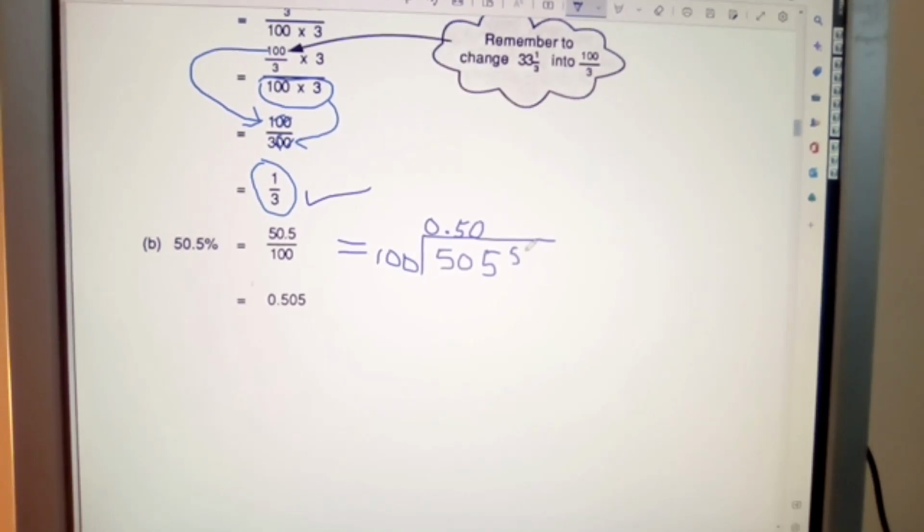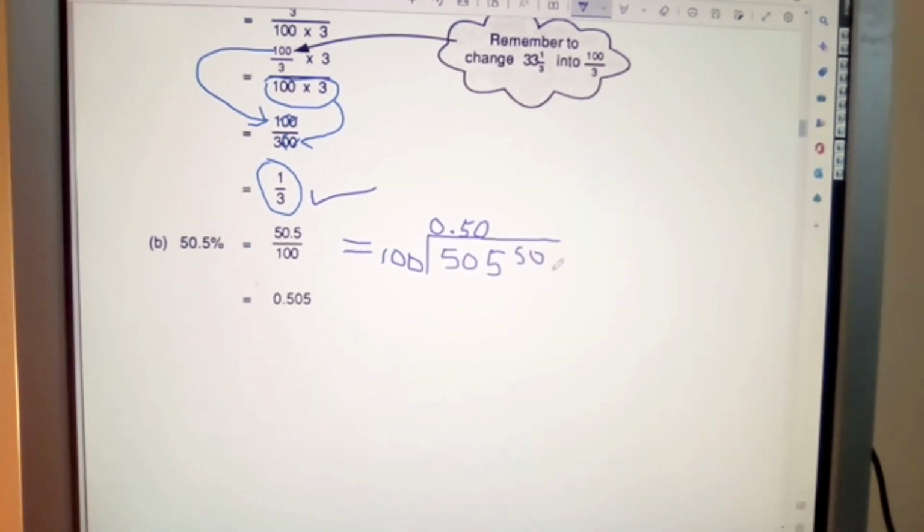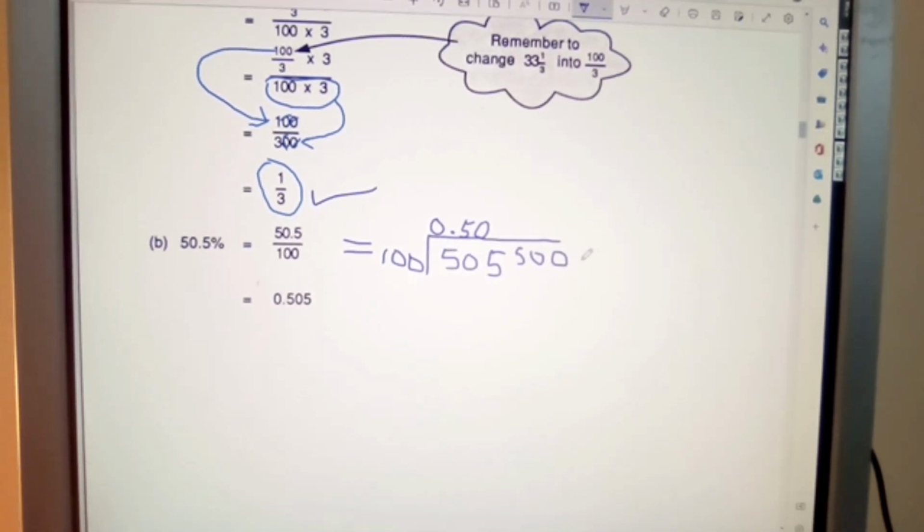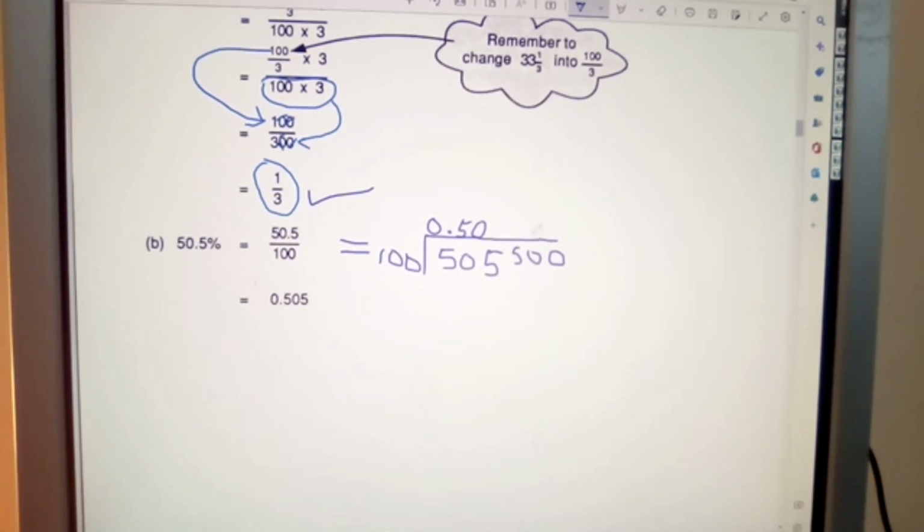And you have to add a 0 here as well. 150 will not go, and that becomes 500. And 100 into 500 goes 5 times.